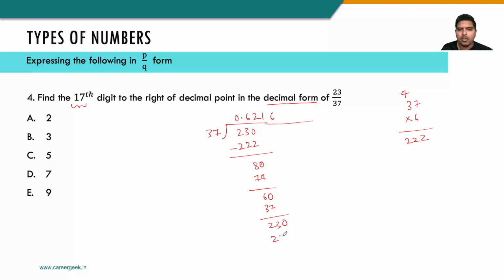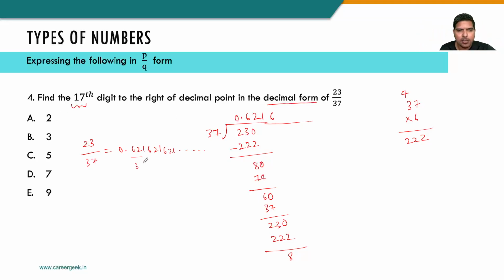So what's happening here is basically these 3 digits are recurring. So the value of 23 upon 37 is 0.621, 621, 621, and so on. Now we want the 17th digit, and we know that 3 digits are repeating.